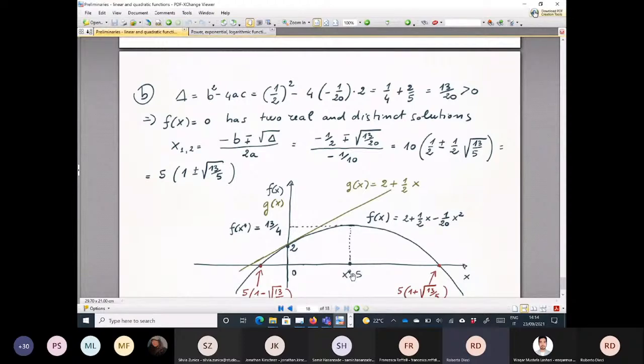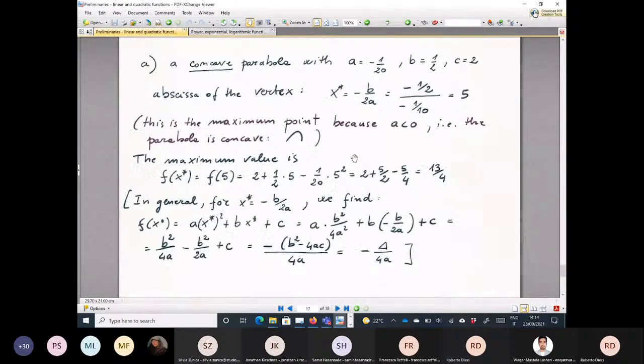So the maximum value can be computed by replacing x star equal to 5 into the equation of the parabola, and we get 13 over 4. By the way, there is also a general formula for this because this is the vertical coordinate of the vertex, and we know that there is an expression in terms of A, B, and C. So you can also do that by just using the expression for the vertical coordinate of the vertex.